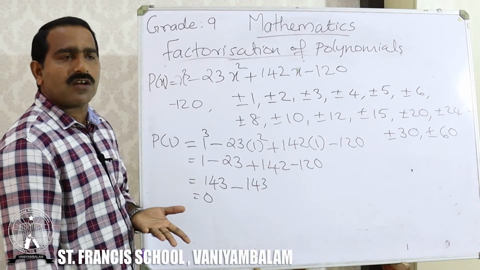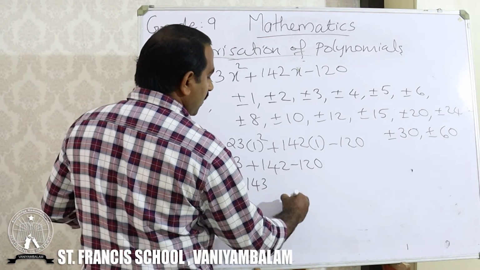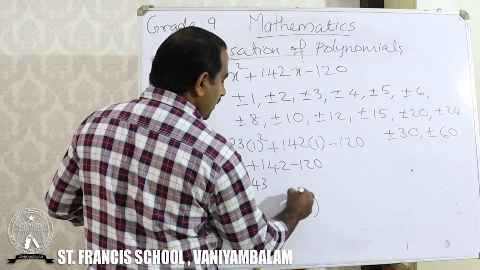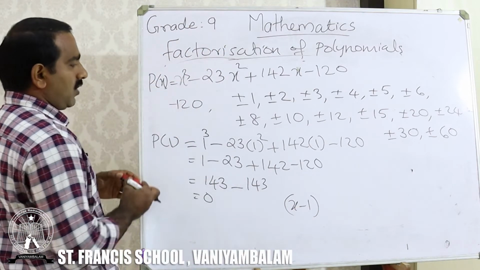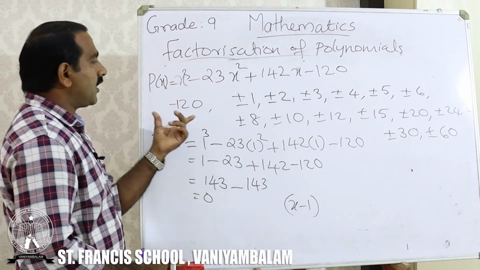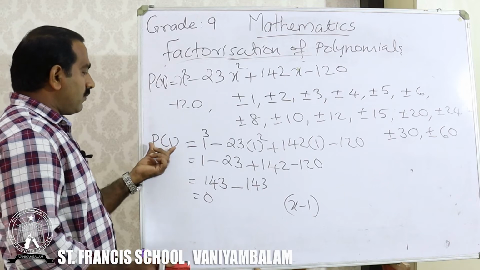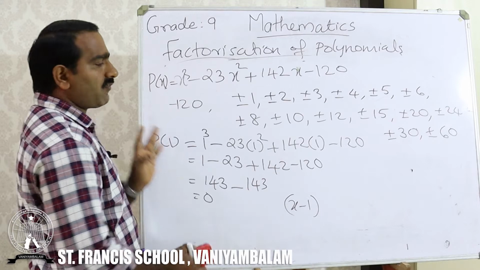If P of 1 equals 0, we can say x minus 1 is a factor of this polynomial P of x. P of x is the given polynomial, and by trial we got P of 1 equal to 0. So x minus 1 is a factor.